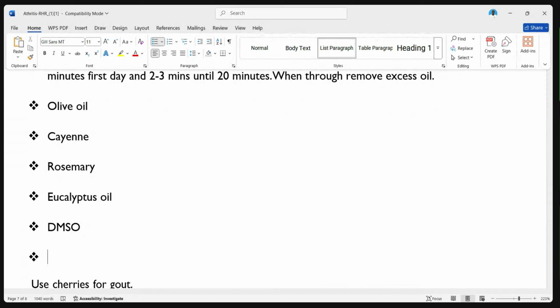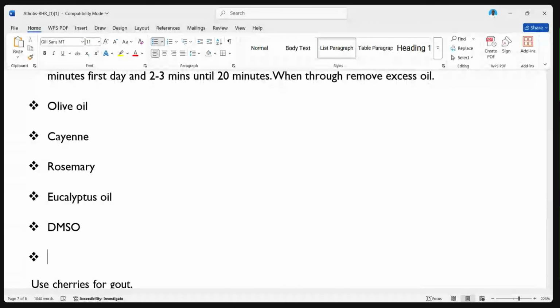Si tulisema saa zingine kuna calcium overaccumulation and also uric acid accumulation in the joints. And this is able to actually clear it off, the DMSO. So unaongeza hizo vitu zote. DMSO unaweza ongeza baadaye, but unaweza ongeza olive oil, cayenne, rosemary, eucalyptus.